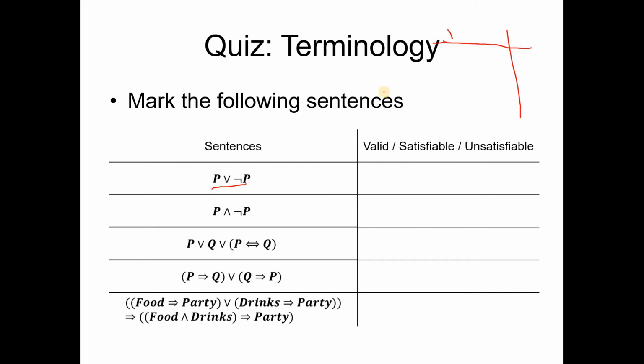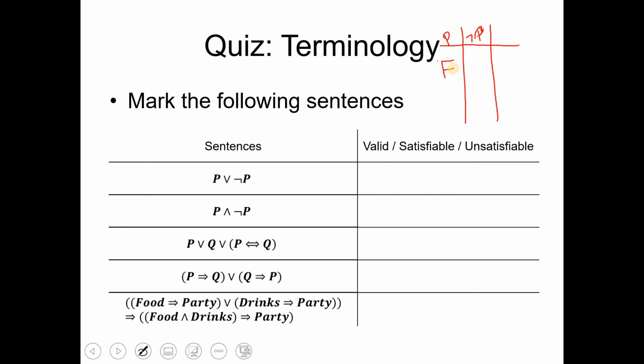So let me draw it again. Here you have only one variable P, and you will write down not P. P has two values, start with false and true, and not P has two values, true and false.